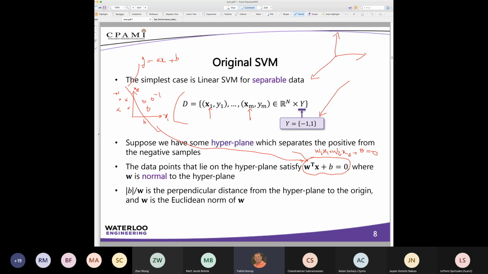So this is what we call it: the data points that lie on the hyperplane satisfy omega transpose x plus b equal to 0, where omega is normal to the hyperplane. So we know that ax plus b, okay, so when we are dealing with the multi-dimension value, the perpendicular for this particular problem here is given by omega transpose, which is omega1 and omega2. So this is the vector that is perpendicular to the hyperplane. Why?